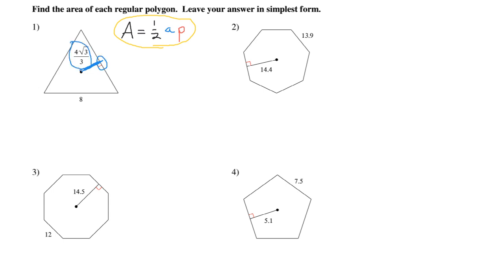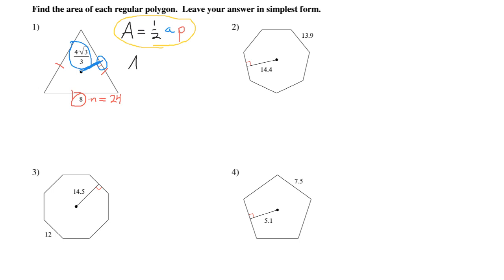In this case, the apothem measures 4√3 divided by 3. The other thing we need to know here is the perimeter. The perimeter is going to be the side length times the number of sides. In this case, that's 8 times 3, so that's going to be 24. Notice that the triangle has 1, 2, 3 sides that are all the same length because it's a regular polygon.